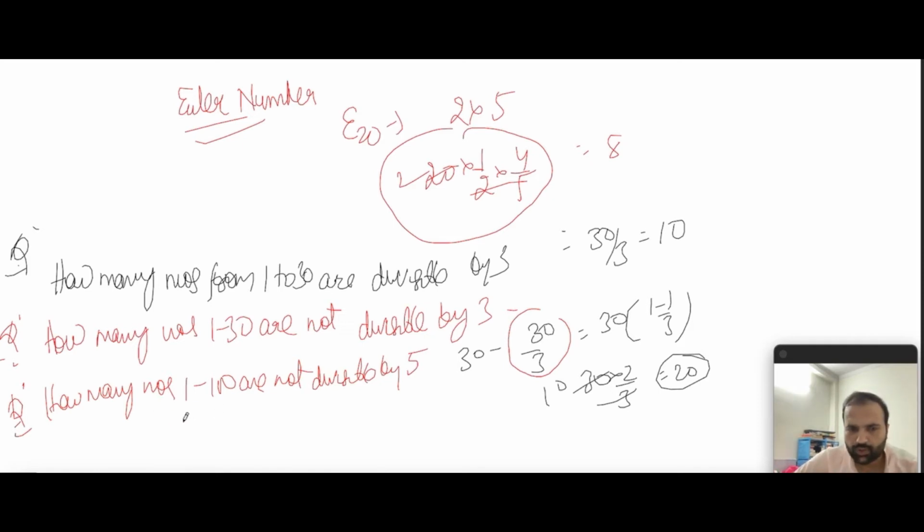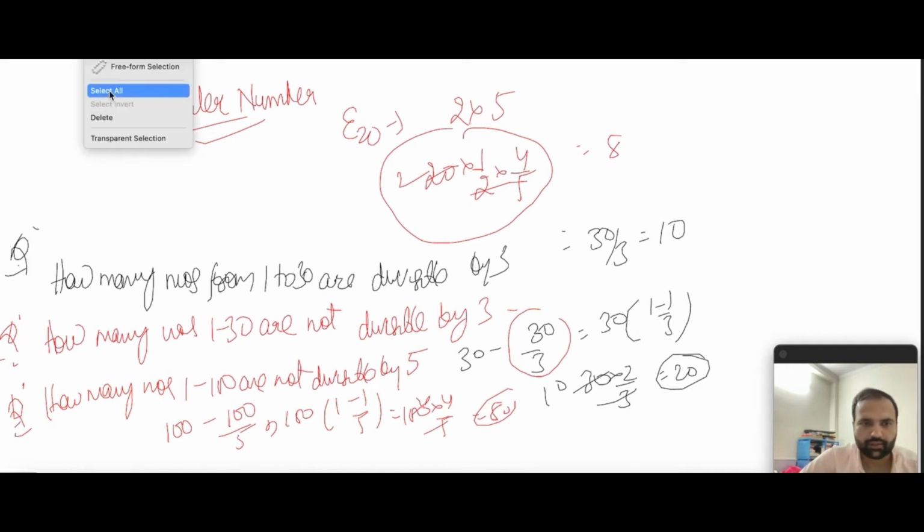So what we need to do is 100 minus all the numbers which get divided by 5. So 100 minus 1 by 5, that is 100 into 4 by 5, so we know it is 80, isn't it?